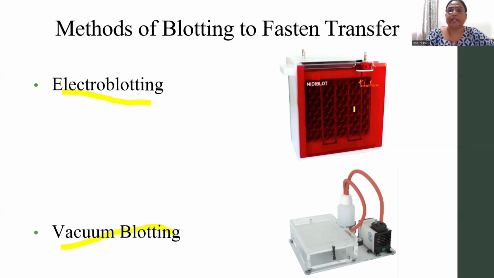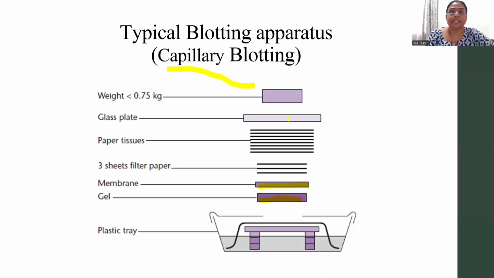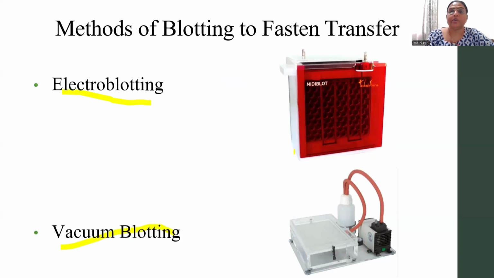The same cassette, that is the filter papers, gel, then the membrane and the filter papers, is made, and that cassette is placed in this electroblotting unit, which has the electrodes, the positive electrode and the negative electrode. Between them the cassette is placed, with the gel at the negative side and the membrane on the positive side, so that when the electric current flows, the DNA is transferred over the membrane.